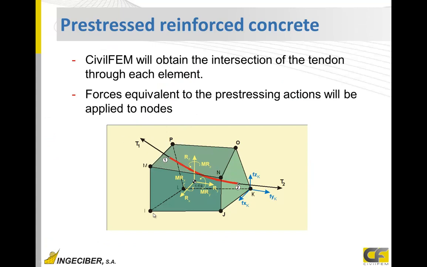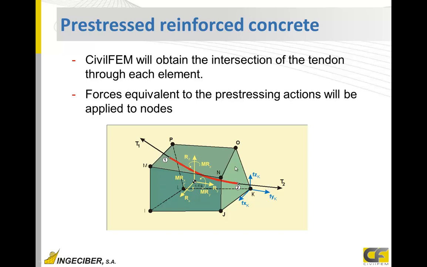So this is a solid element, and CivilFEM calculates point 1 and point 2, which is the intersection. Then CivilFEM, after calculating from the pre-stress force that the user set, calculates stresses along all the tendon considering losses, and in these 2 intersection points, CivilFEM has the force at both ends of the tendon.